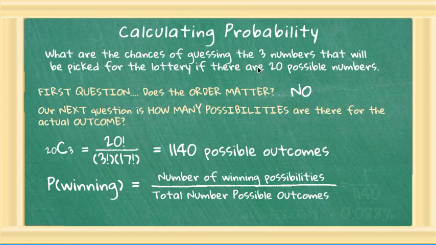We have to get exactly the same three numbers that were picked in the lottery, so there's only one way we could win. And total possible outcomes, we said, is 1140. That's the total number of ways they could pick three different numbers. So we get 1 over 1140. Okay, if we want that as a probability percentage-wise, we would have 0.088%.